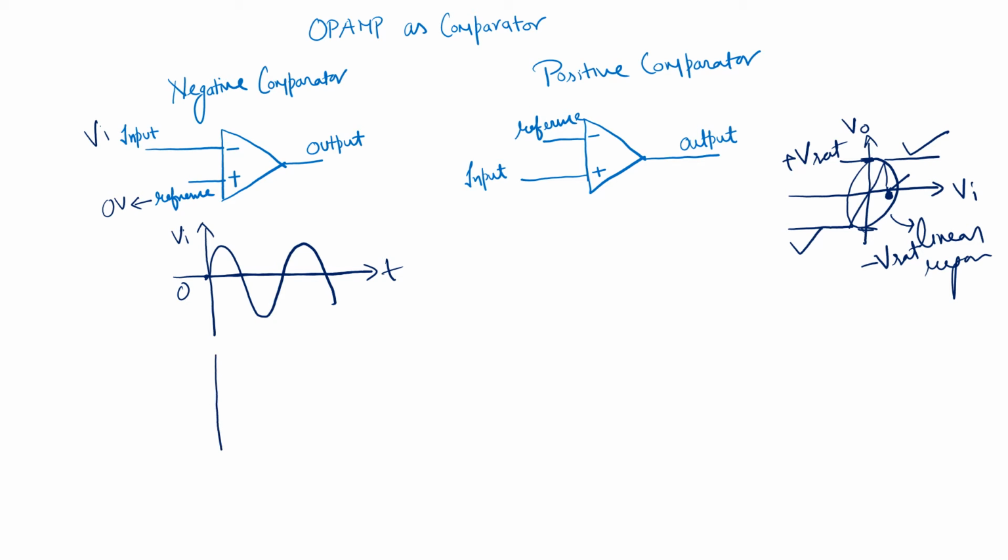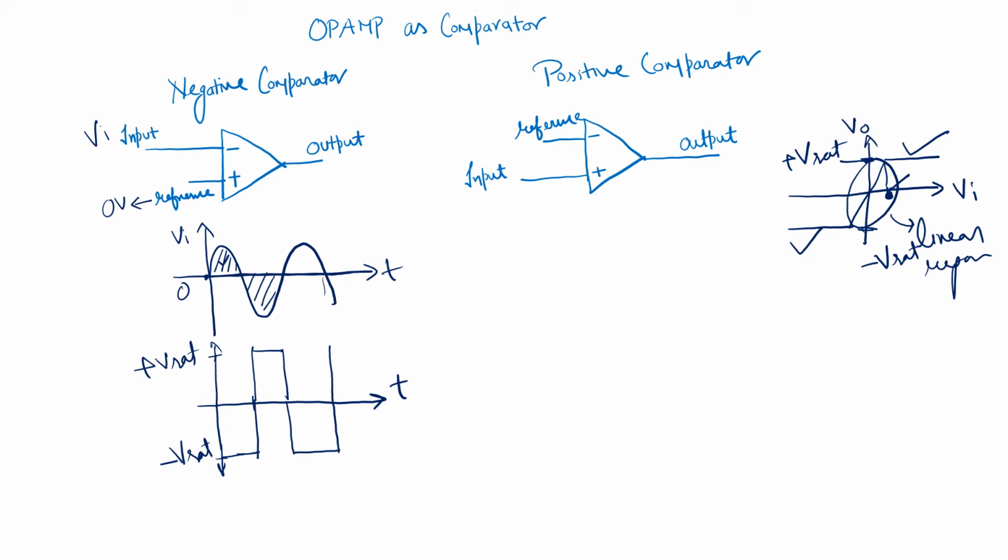So the negative comparator gives an output such that whenever the input is greater than the reference, that is 0, the output will be minus V sat, and whenever the input V input is less than the reference, then in that condition the output is plus V sat, like this.